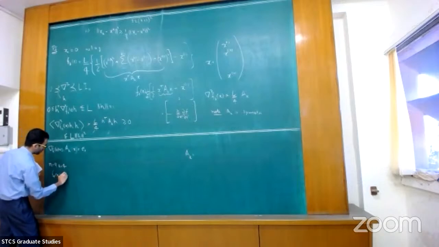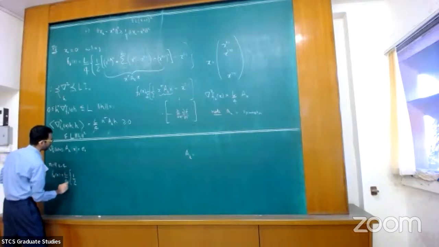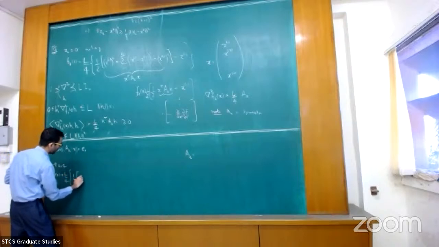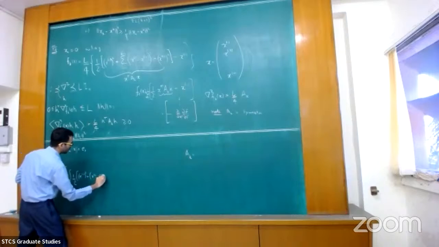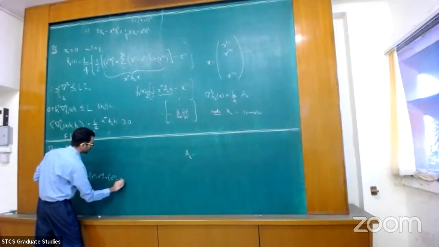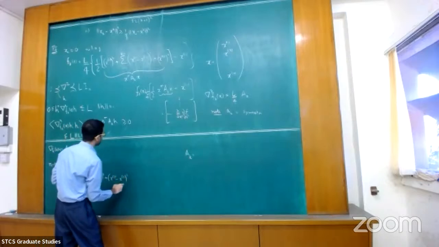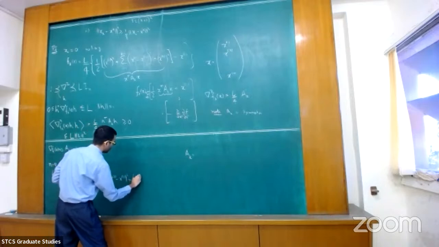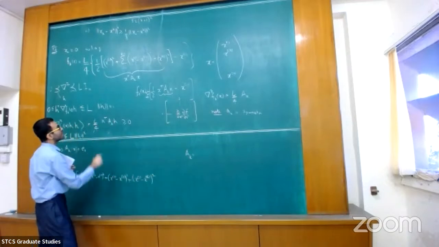So what is this? This is a sum of squares: square, square, square, and finally x3 minus something.